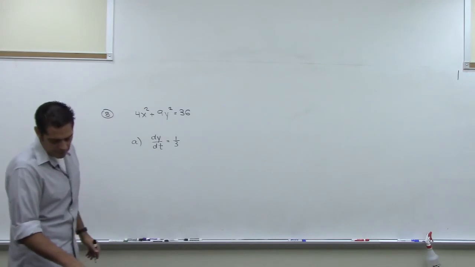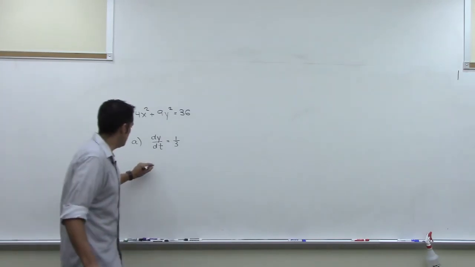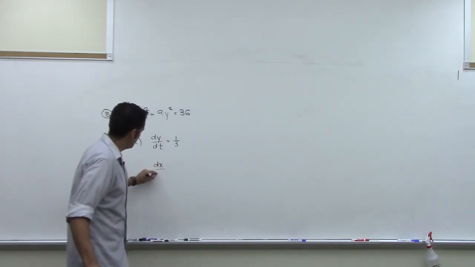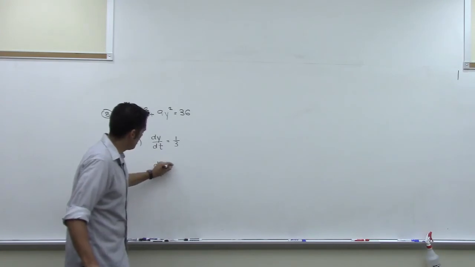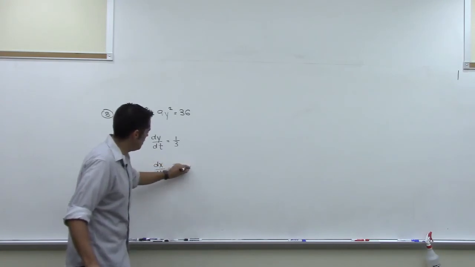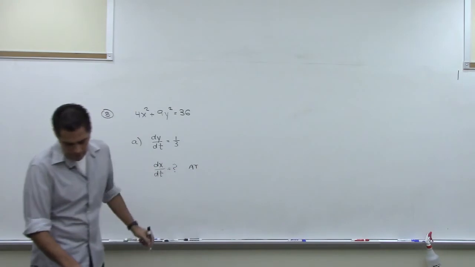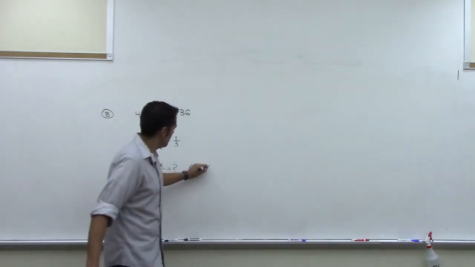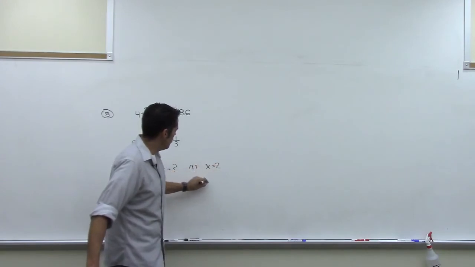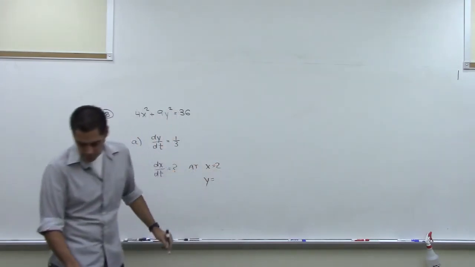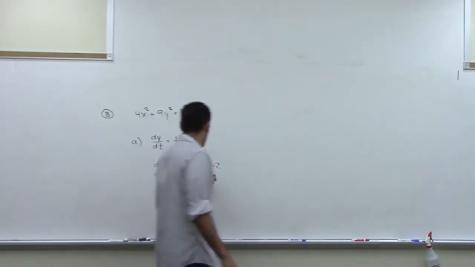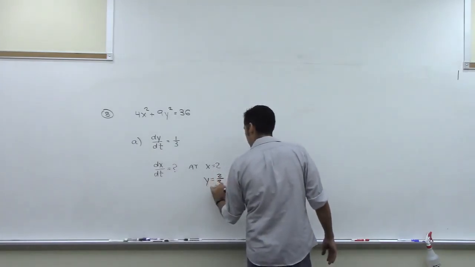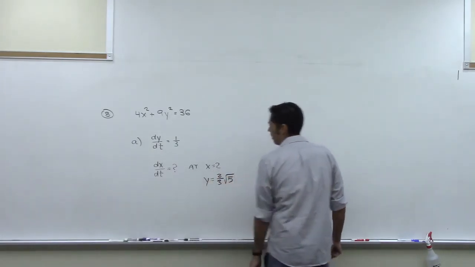It says for us to find dx/dt at the moment that x is 2, and y equals 2/3 root 5. Okay, that's part A.